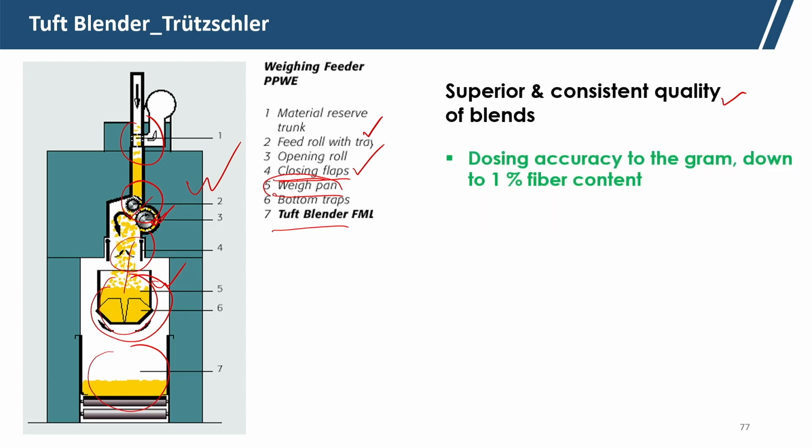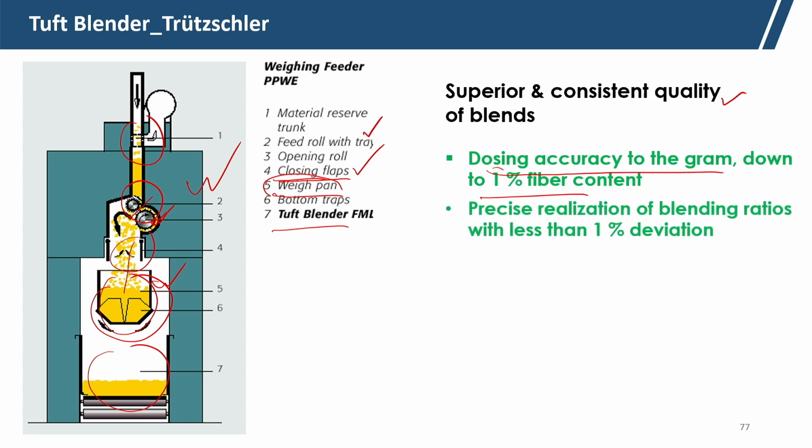The accuracy we can achieve is down to 1% of fiber content, so it is highly accurate. We can have the blend proportion very accurate, within 1% of the fiber content, and precise regulation of blend ratio within less than 1% deviation.